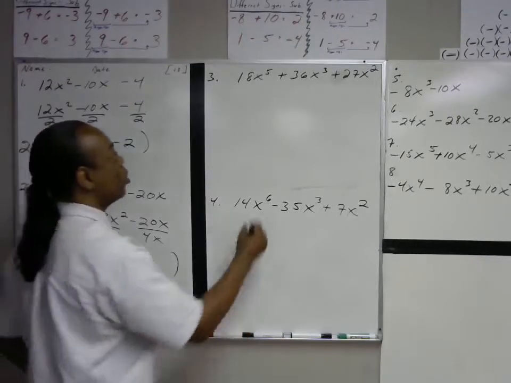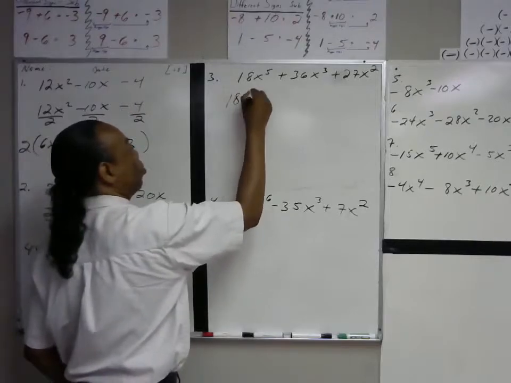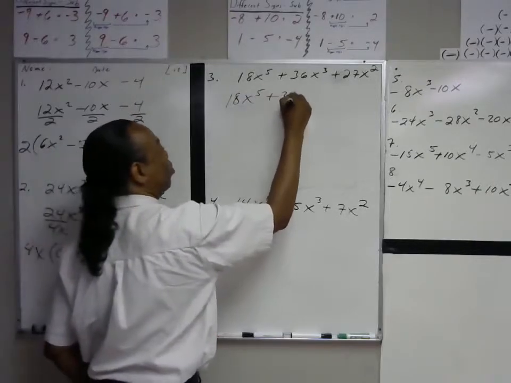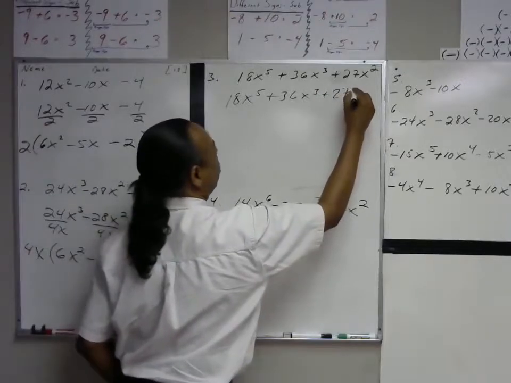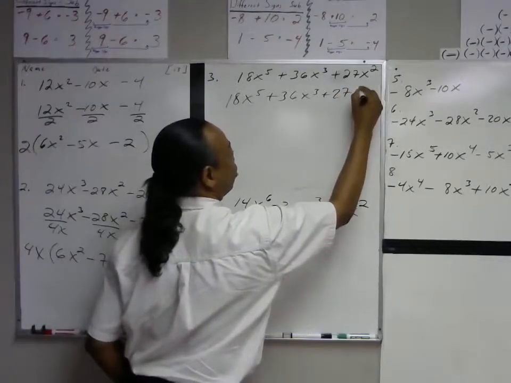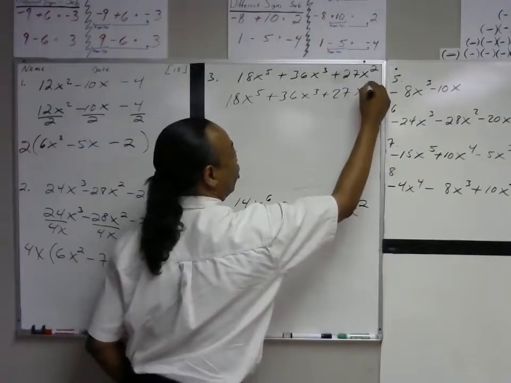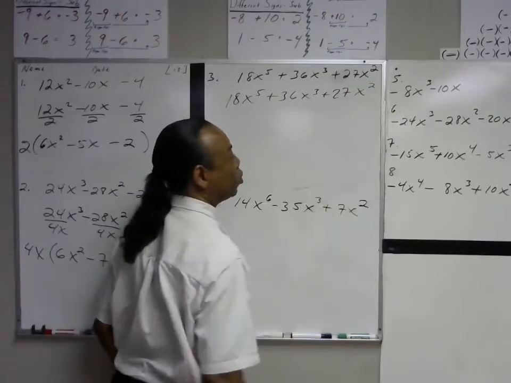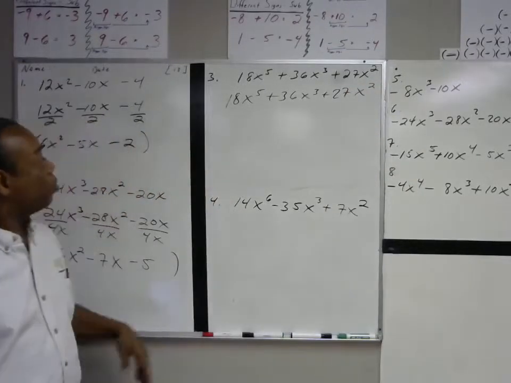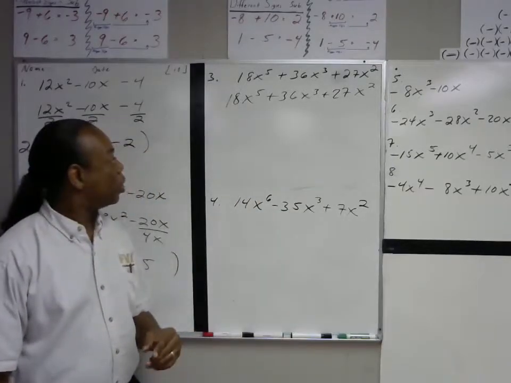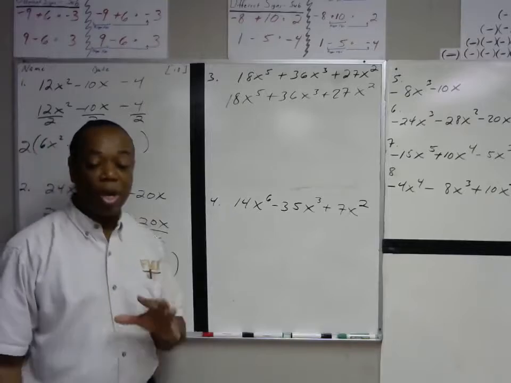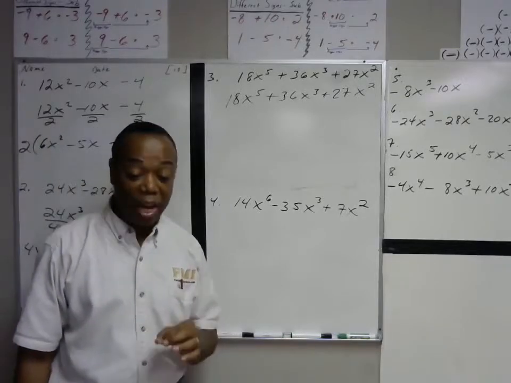Number 3, preserving the integrity of the original problem. We write 18x to the fifth power plus 36x to the third plus 27x to the second power. Okay, so we have 18, 36, and 27. Those can all be divided by 3, but the greatest common factor I can divide them by is 9.